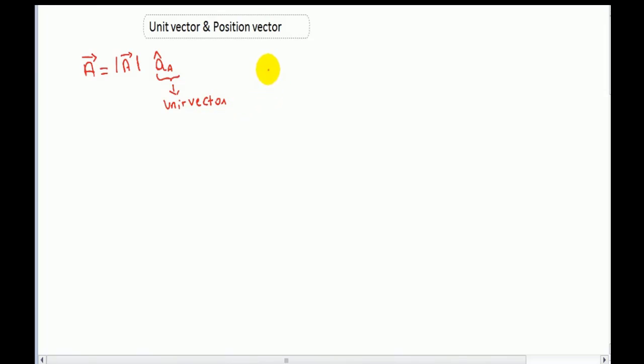So we can simply say that unit vector is a vector which is having magnitude unity, and it is along the direction of the given vector, and it can be found out by this formula, which is a vector divided by its magnitude.